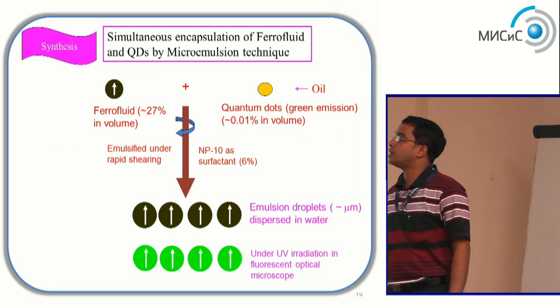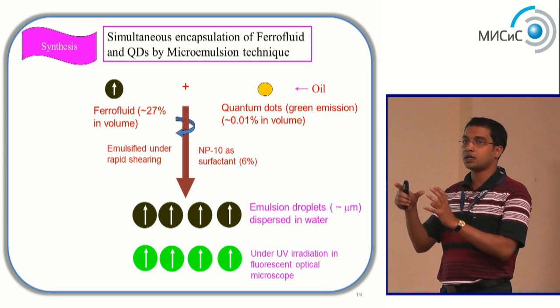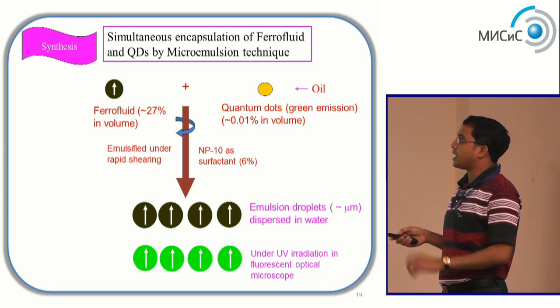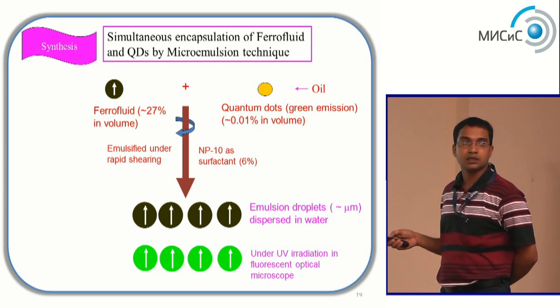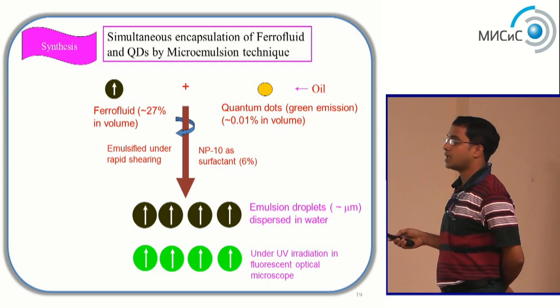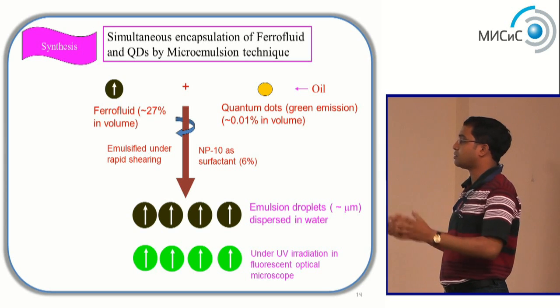Besides this, I am interested in another project that combines quantum dots with some ferrofluid materials. As you see, the ferrofluid material is about 27% by volume, and the quantum dots are less than 1% by volume. If we mix them, what will happen?